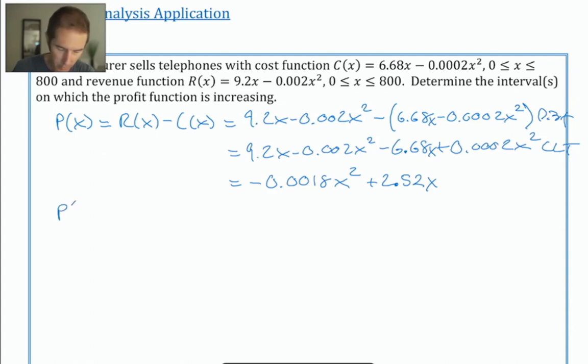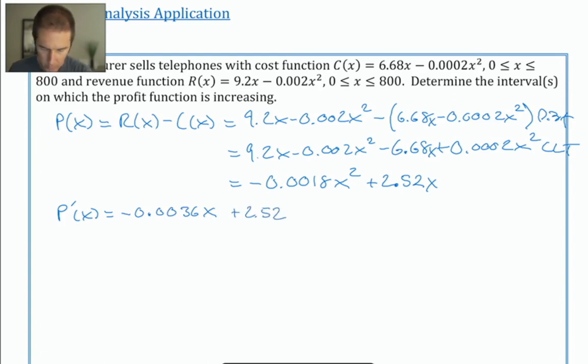First derivative, p prime of x is equal to negative 0.0036 x to the first power plus 2.52, and then we're going to set that equal to 0. So we need to subtract 2.52 from both sides.